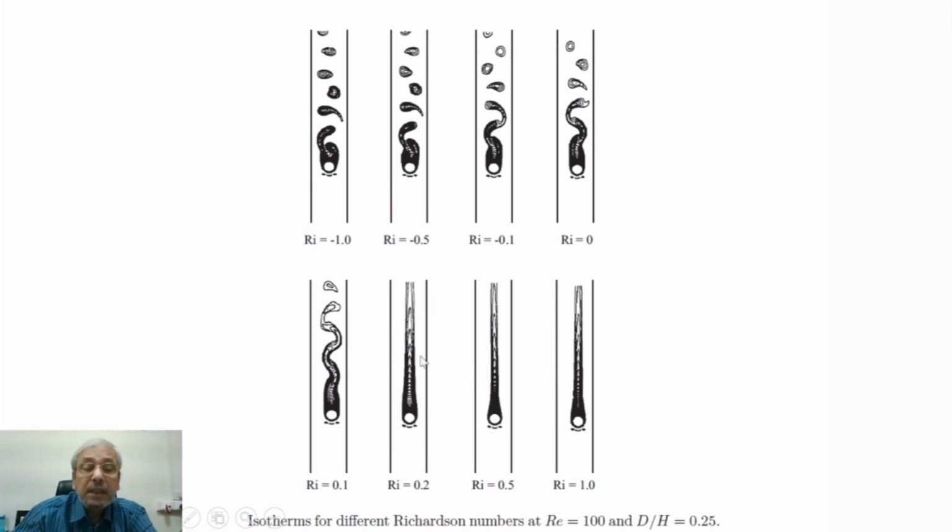And these are the isotherms, for different Richardson numbers, and Reynolds number is 100, and d by h, where d is the cylinder diameter and h is the gap between these two side walls, is 0.25.